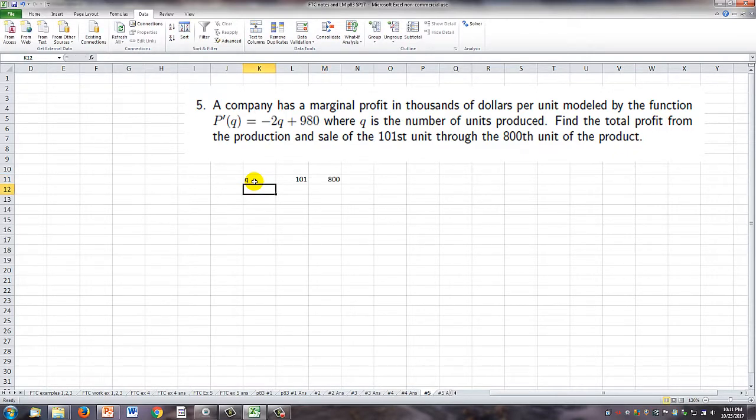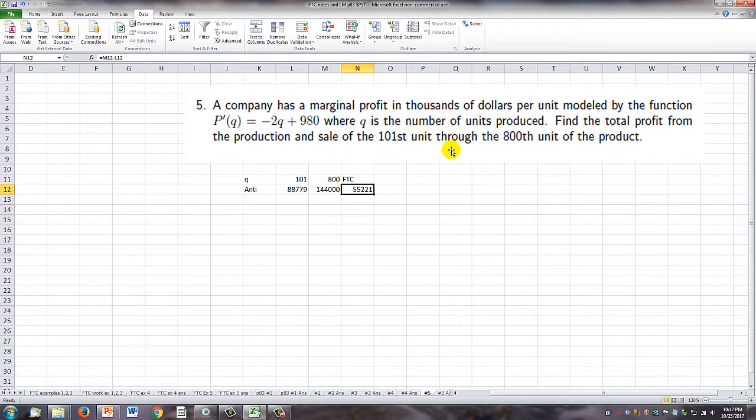We know this is a rate of change, this is a derivative, so the antiderivative would be -2 times Q squared divided by 2 plus 980 times Q. And then FTC would be this value at the upper limit minus the value at the lower limit. Okay, so we're going from thousands of dollars per unit, times units.